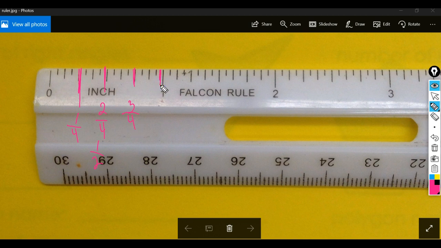This line here would be 1 or 4/4. Okay. Yeah. This line here is past 1, but halfway between 1 and 2, so that would be 1.5. Okay, so we're just doing halves and fourths. Actually, just fourths.